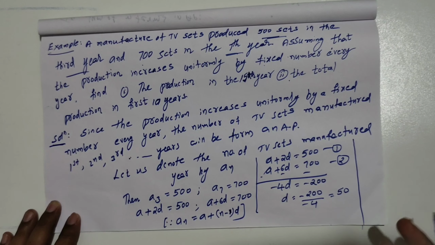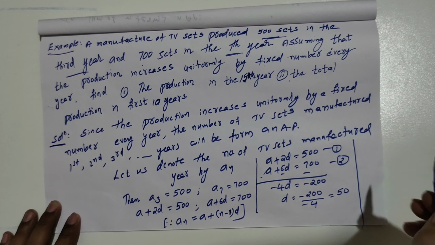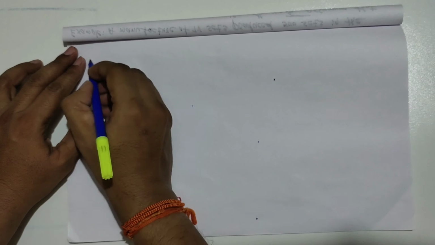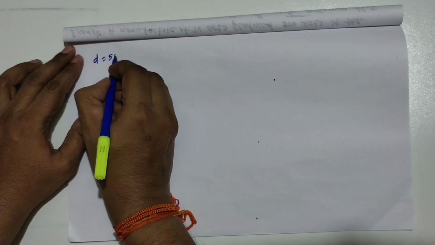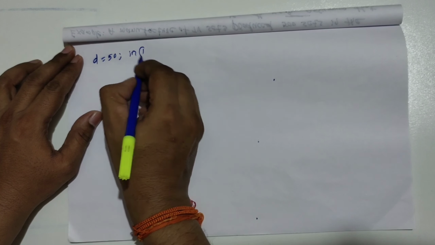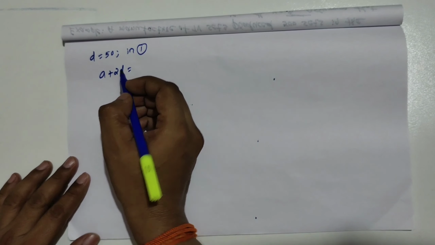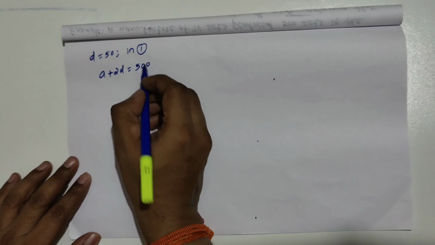Now substitute d value 50 in equation 1. a plus 2d equal to 500.